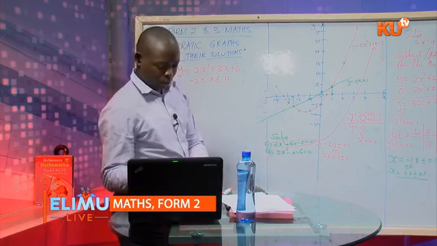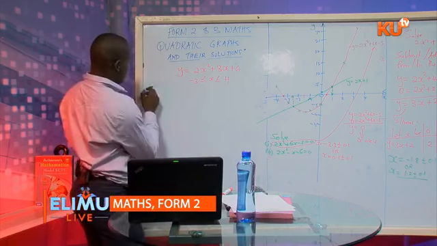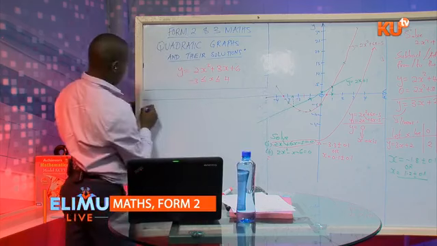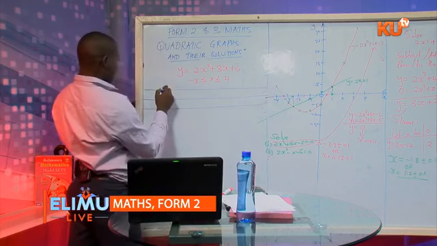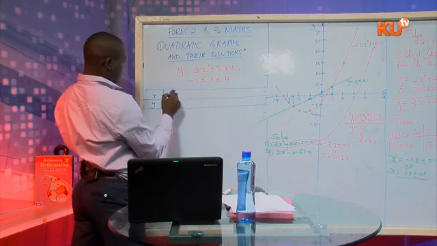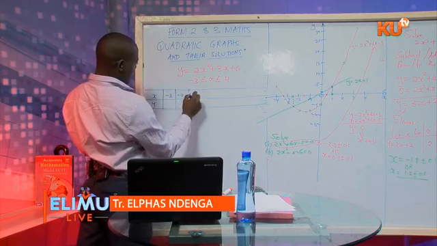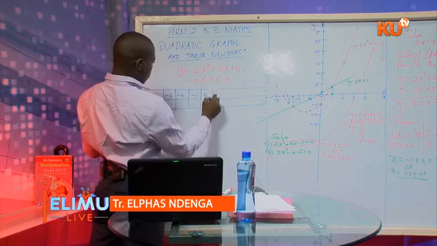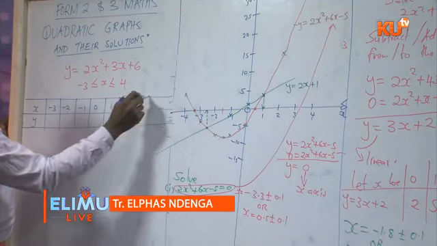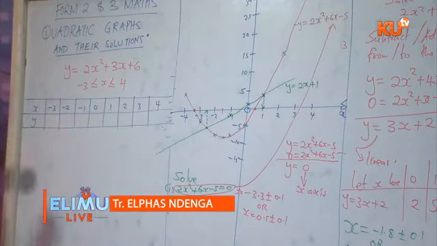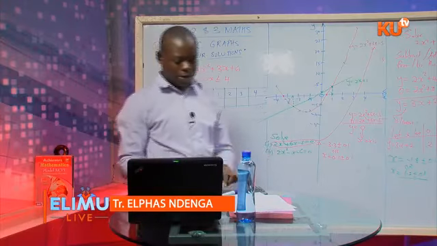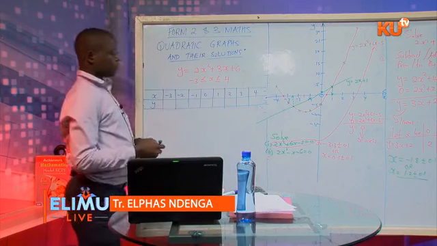We'll create our own table for x and y, with x from -3, -2, -1, 0, 1, 2, 3, and 4. So we get y. So take your calculator again, and let's find the values of y together.